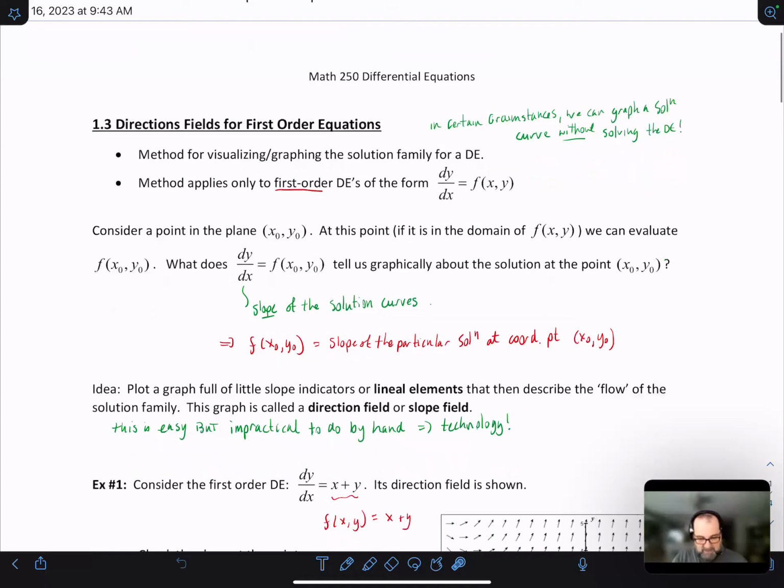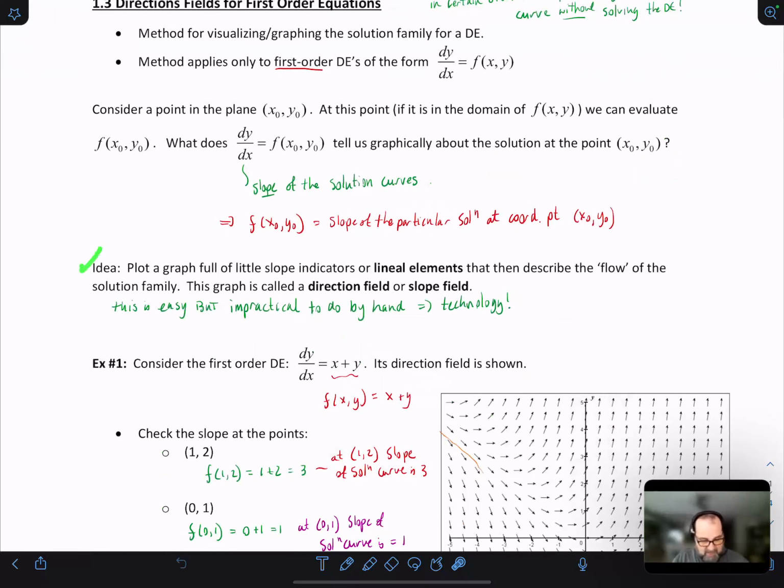So to expand on this idea, what we can do is take a bunch of points throughout the coordinate plane, repeat this computation in many places, compute a bunch of tangent slopes, and then plot what we call a slope indicator for each one, also known as lineal elements.